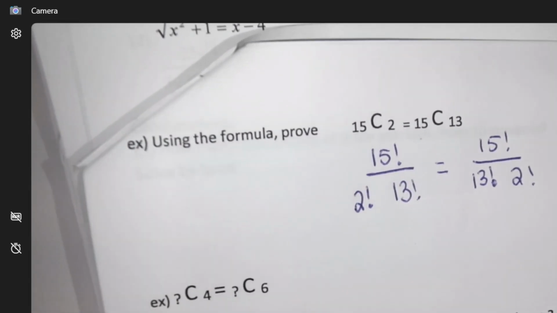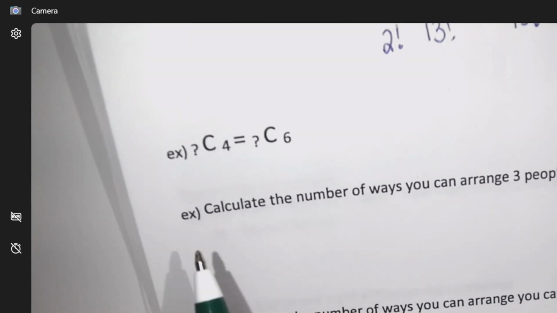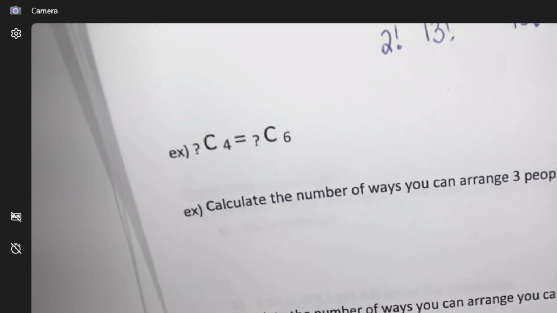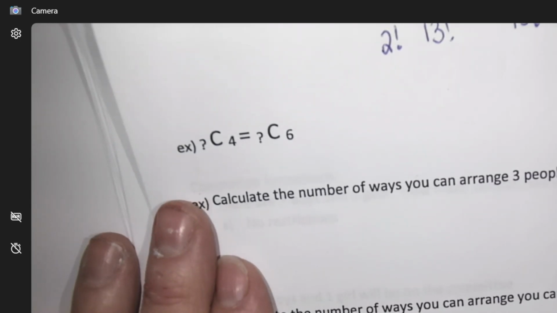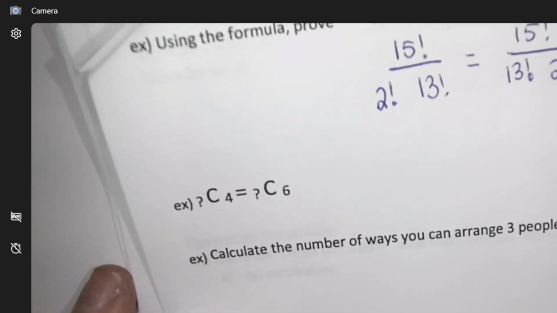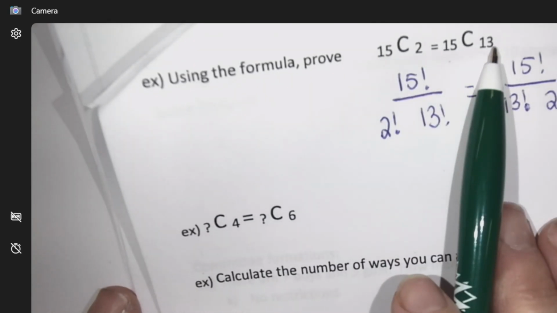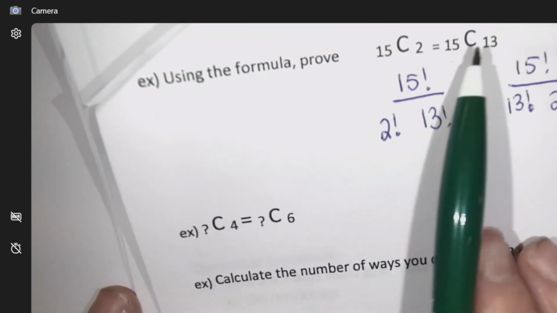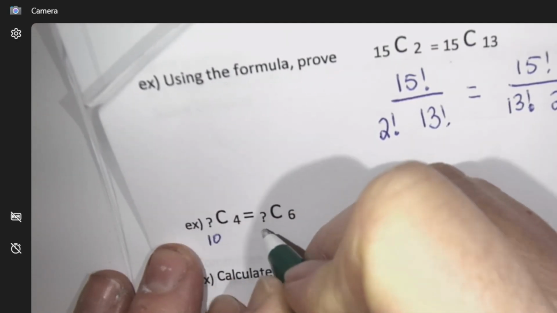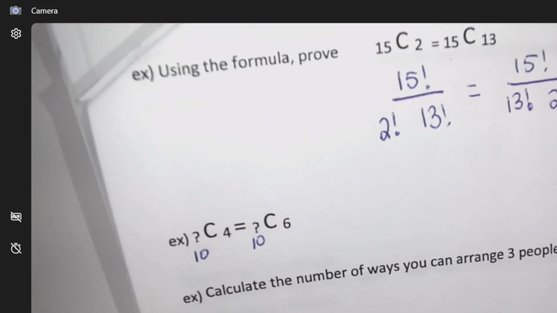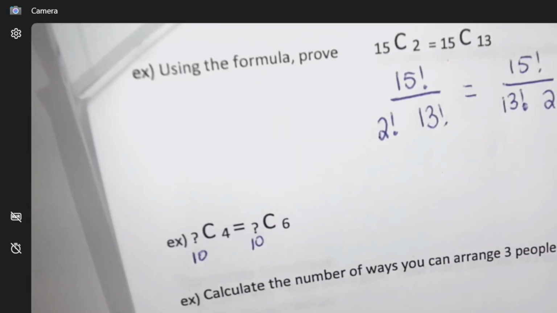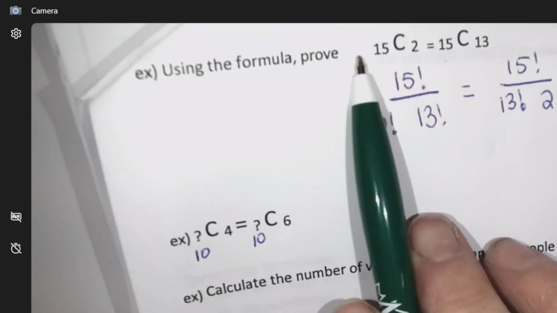Okay, what would I need in this spot to make those the same? Think about the pattern. What was going on with those numbers? I would need a 10. What are these two numbers doing? 2 and 13. They're adding to 15.